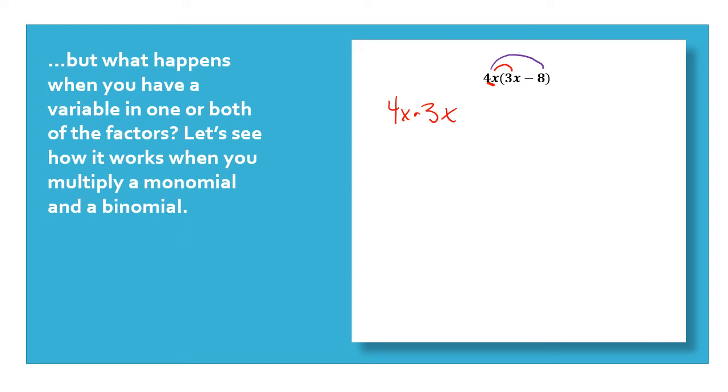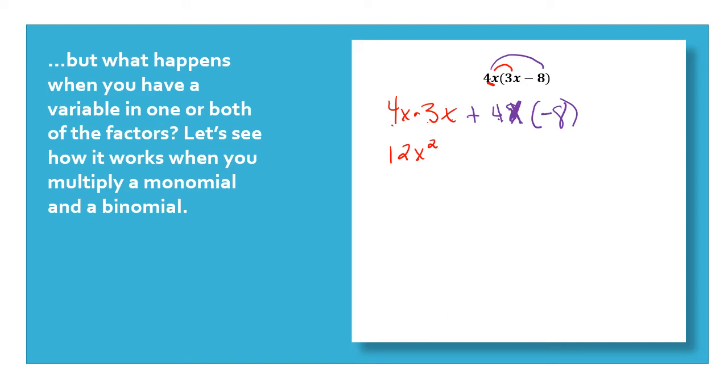times 3x. And I'm writing it out here so that you can see where all of the numbers come from. So 4 times 3 gives me 12, and then I have x times x. So x times x is x to the second power, or x squared. And then I'm going to add to that 4x times negative 8.